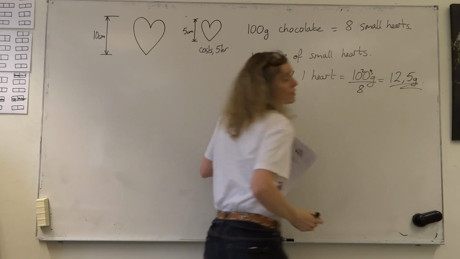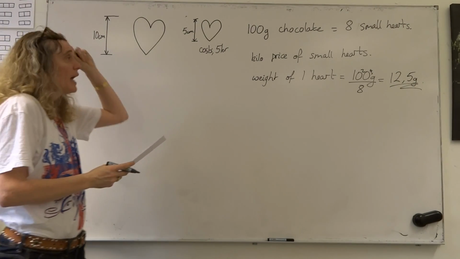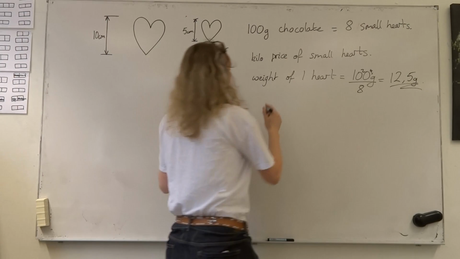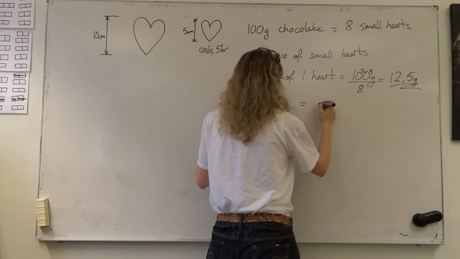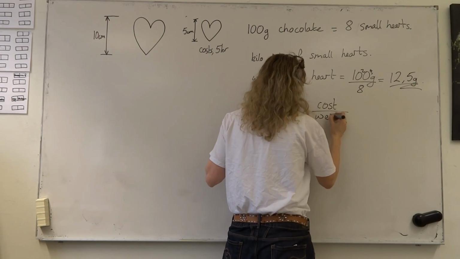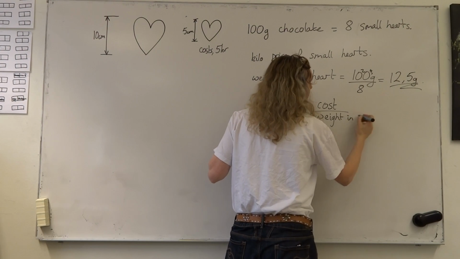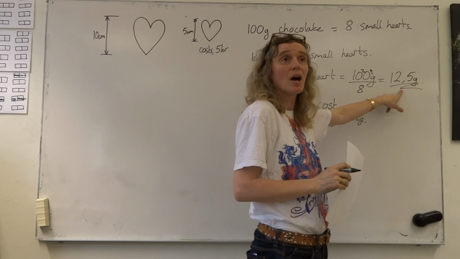So one heart weighs 12.5 grams. If we're going to get the kilo price, we know that the cost per kilo equals the cost divided by the weight in kilos. So let's change this weight already directly to kilos.